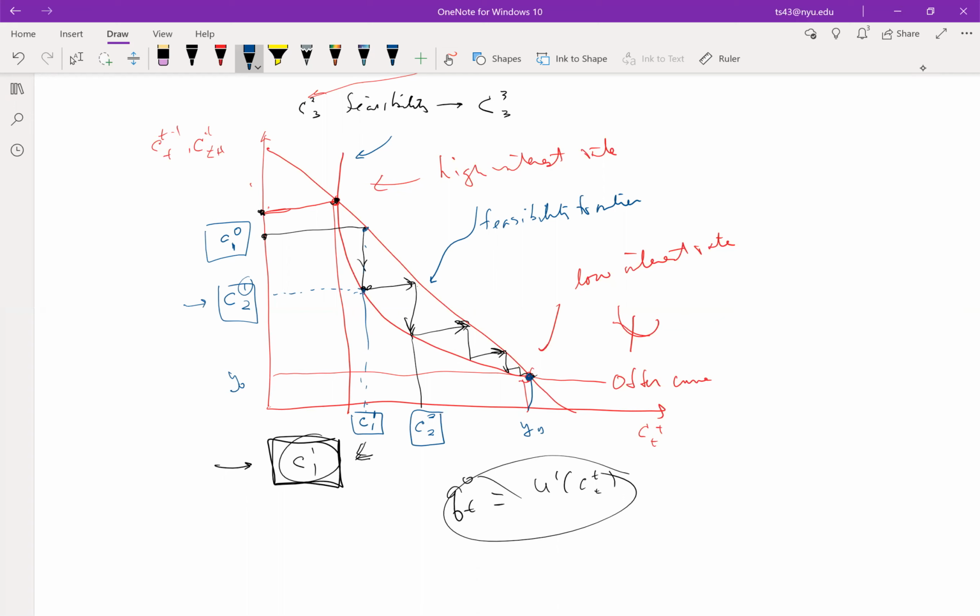But to make that person happy, I would have to go to this offer curve and get C2. Give the person who was born in 2 this amount when they're old, at 3.